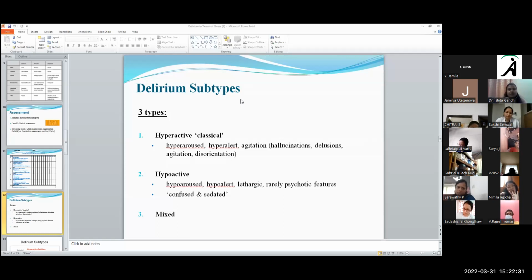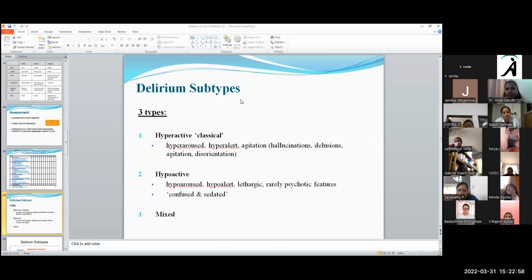The patient is going to tell you about hallucinations, delusions. There's going to be marked disorientation and agitation. The patient is going to be pulling at devices. You know, that is the hyperactive or the classic state. If anyone has seen delirium, they have most often seen this subtype.